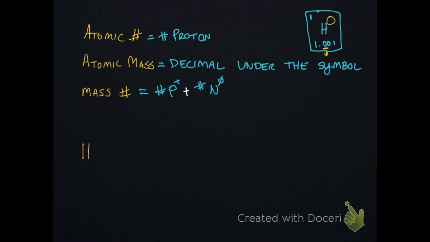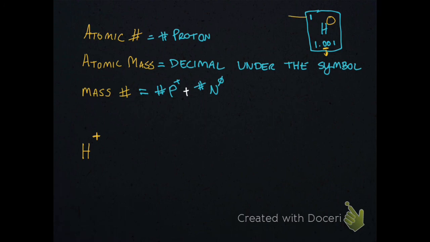If it was written like this, hydrogen plus, that is a cation with a positive charge. And remember what cations are. Is it a gain or is it a loss of electrons? Okay.